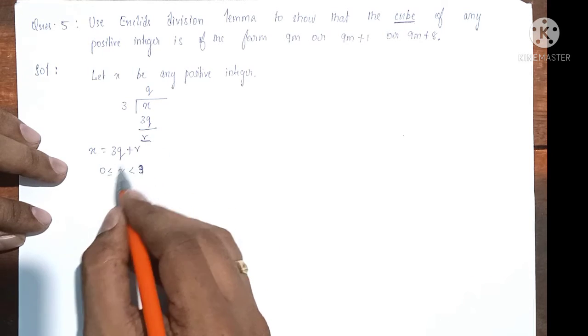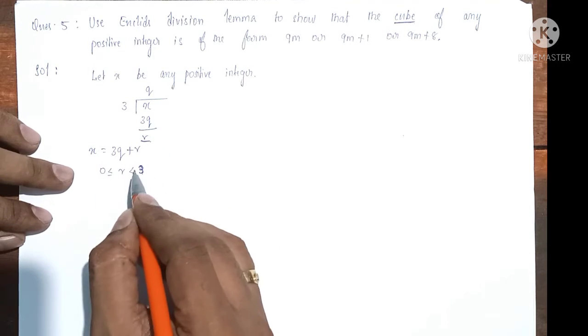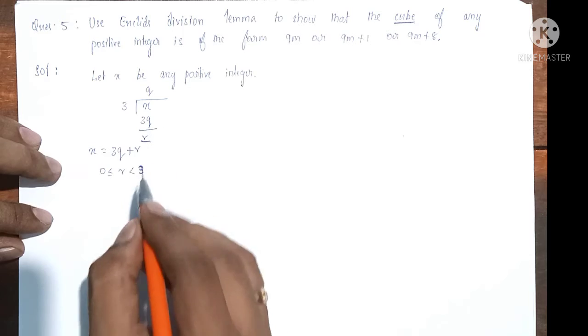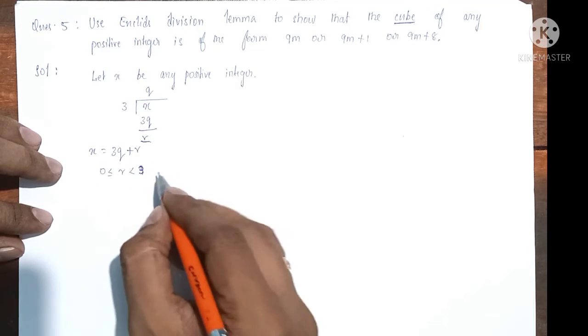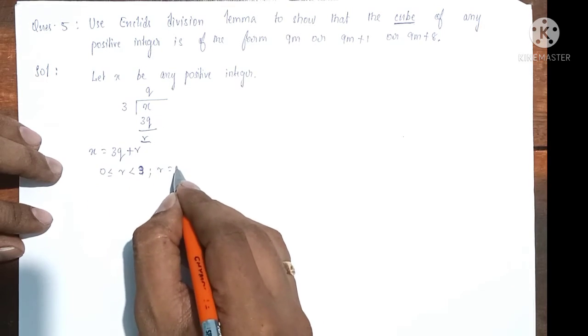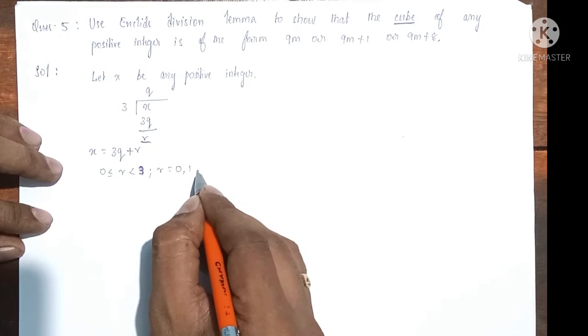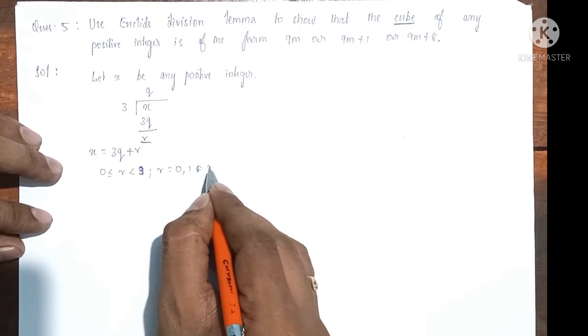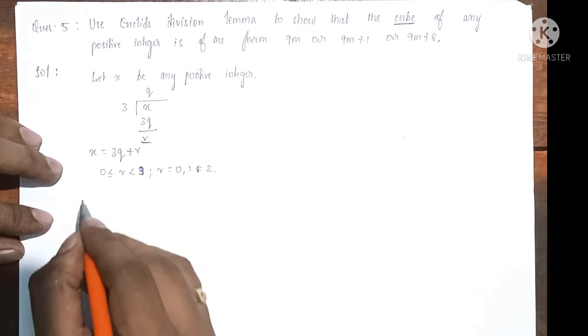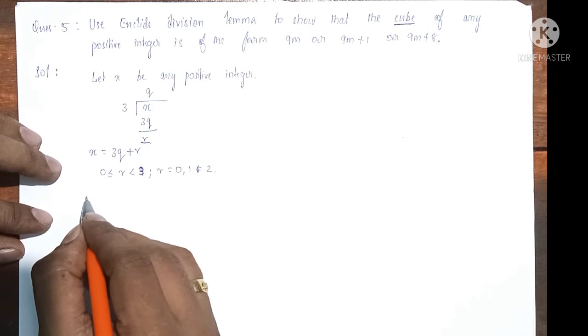What are the possible values of r? r should be greater than or equal to 0 and less than 3, so the possible values of r are 0, 1 and 2. So what will be the value of x in those cases?